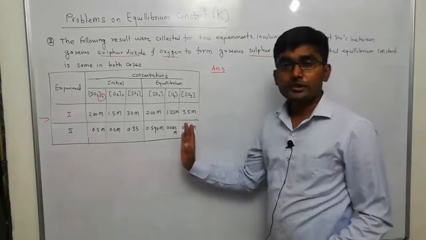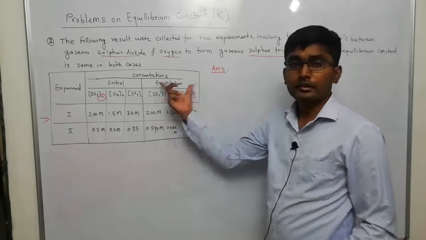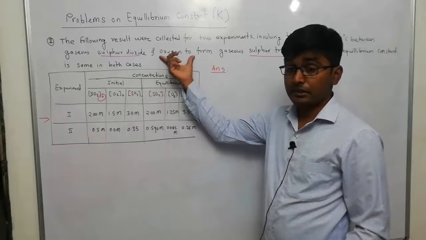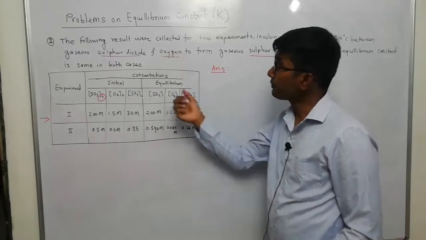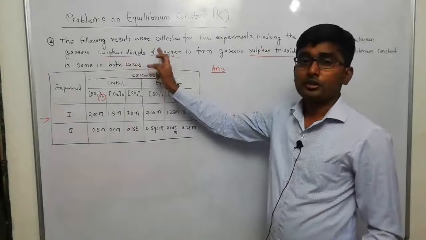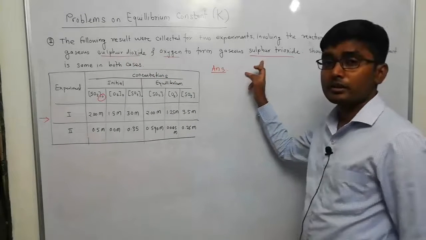When you encounter such a problem, always write down the chemical reaction for the given reaction. Here the reaction is between sulfur dioxide and oxygen. Sulfur dioxide and oxygen react together and form sulfur trioxide.